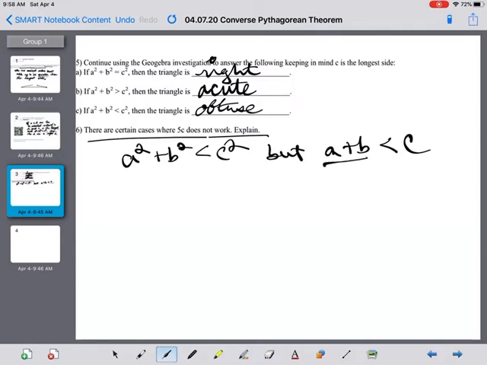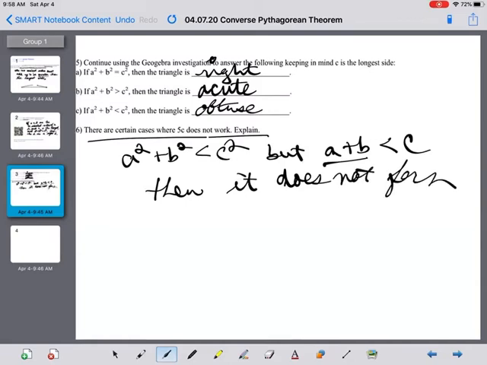The two shortest sides could be smaller than the third side. So if A plus B is less than C, then it does not form a triangle. So you should actually test this first.